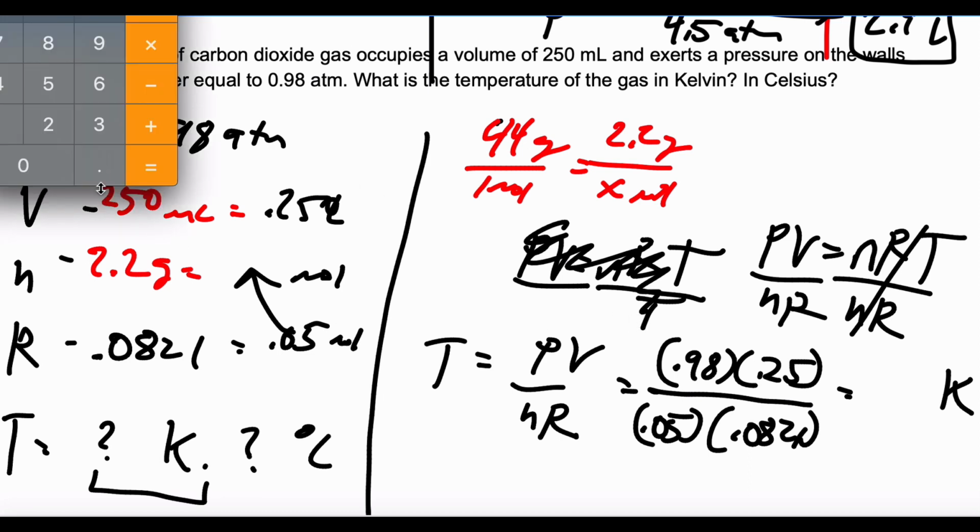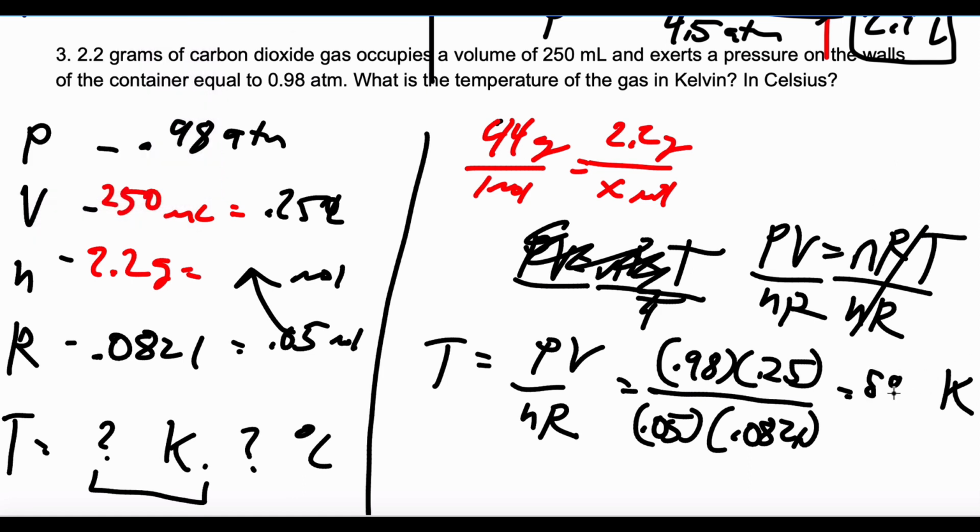So we're going to do 0.98 times 0.25 equals that, divided by 0.05. Now I got to hit equals here, divided by 0.0821 equals there. So that is going to be 59.6. We call it 59.7. 59.7 Kelvin.